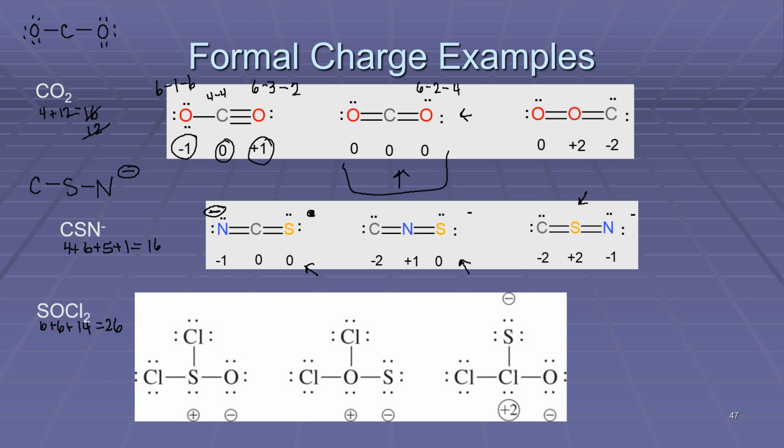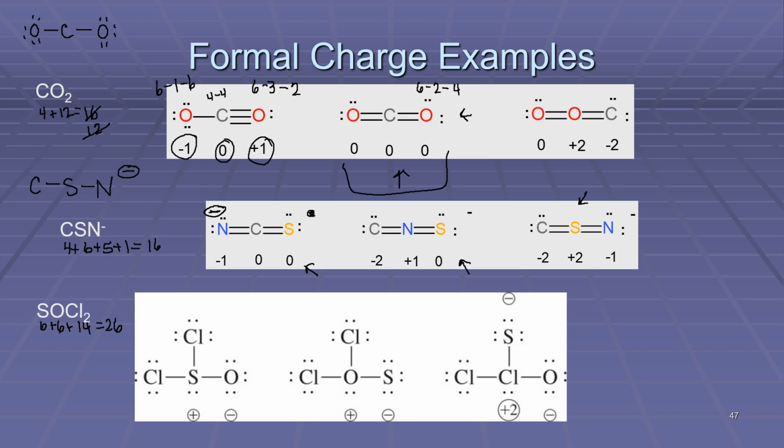So you can see here, if I put the S in the middle, there is no double bond in this case because the sulfur has the 2 extra electrons. I'll do that other one in just a second.